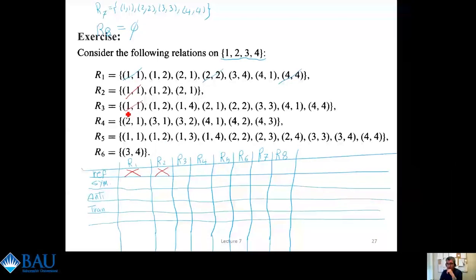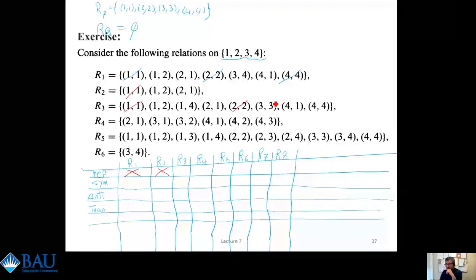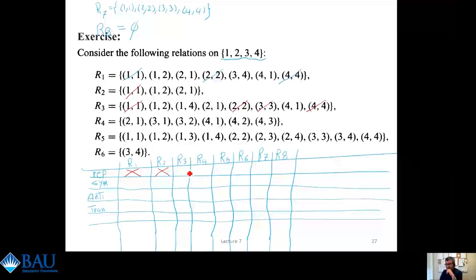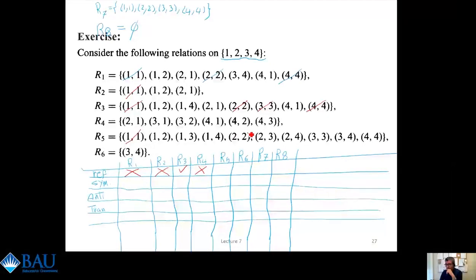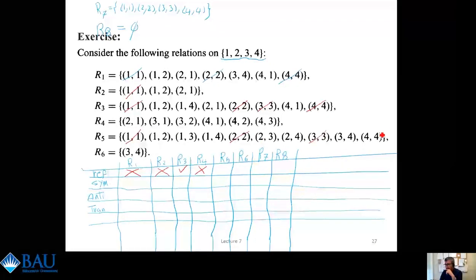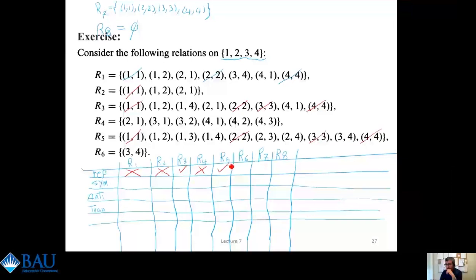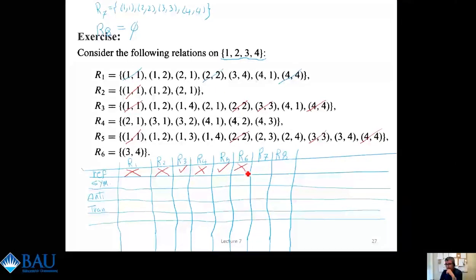R3: 1,1, 2,2, 3,3, 4,4, yes. R4: 1,1, 2,2, 2, no. R5: 1,1, 2,2, 3,3, 4,4, yes. R6, no. R7, yes. R8, no.